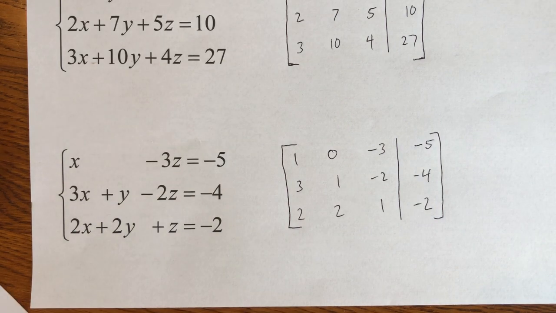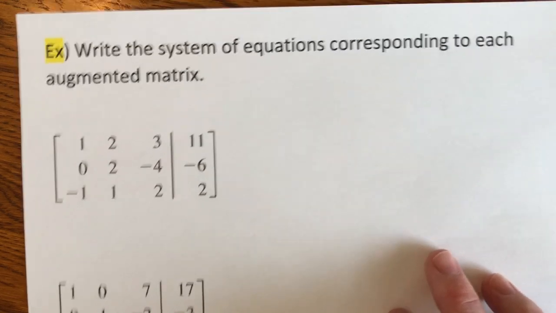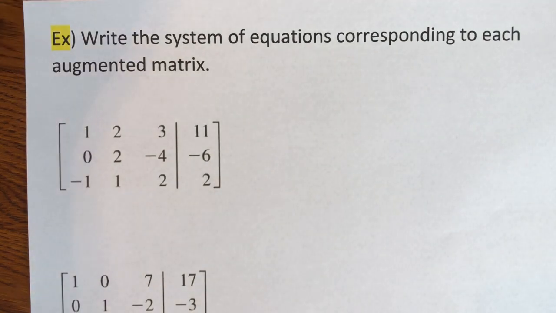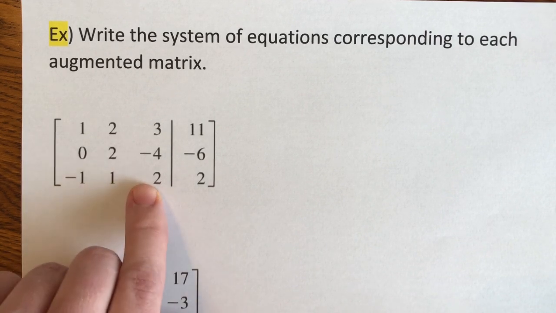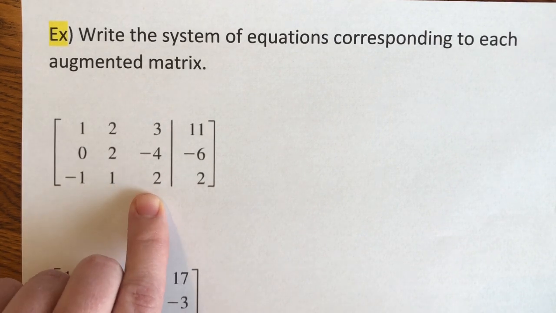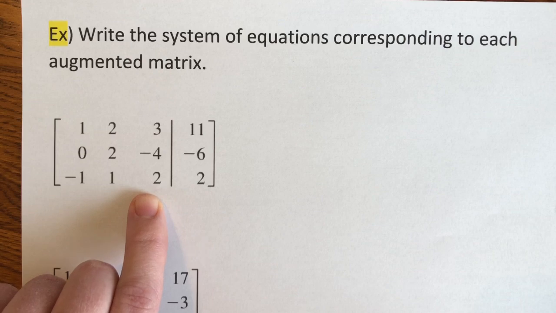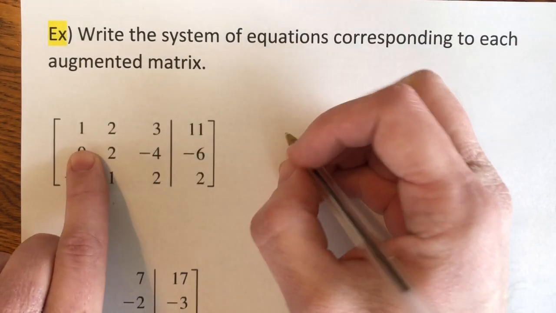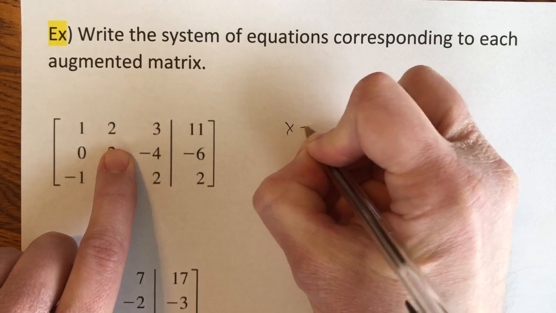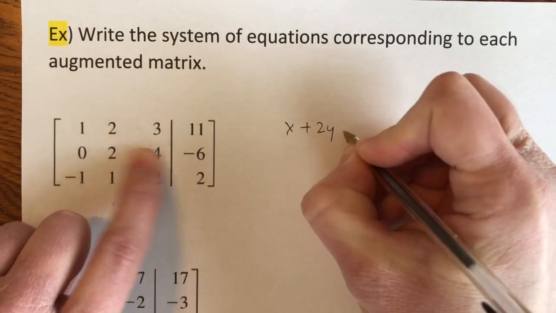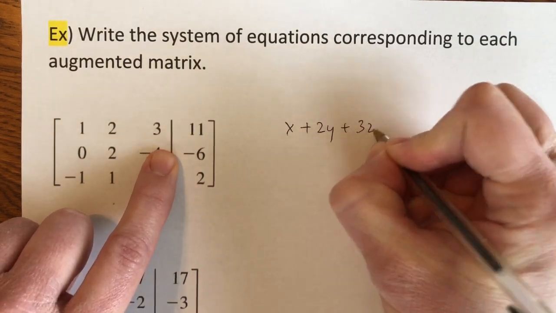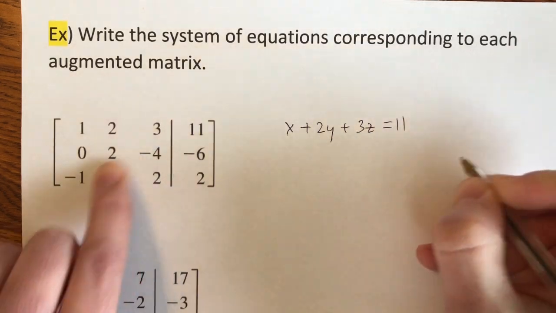But let's keep going. Before we get into that, what we're going to do now is go the other direction. So if you're given an augmented matrix, you should also be able to write this in the form of a system of linear equations. So this one would be what? This one would be 1x plus 2y plus 3z equals 11.